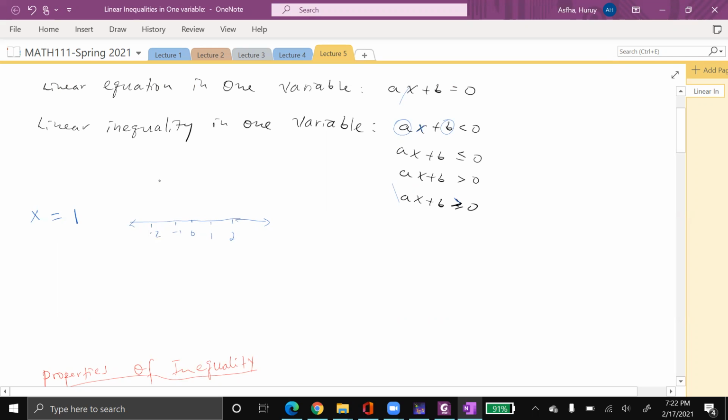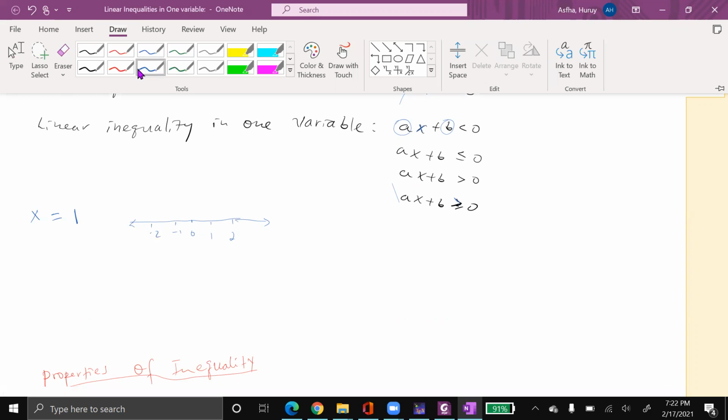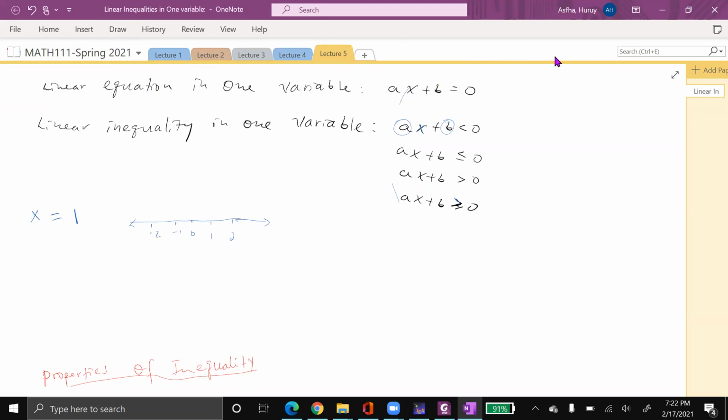So x equals 1 is just one number. It's one number which is here. So it's a point on the number line, right? This is the solution, or this number is the one that makes this statement true.